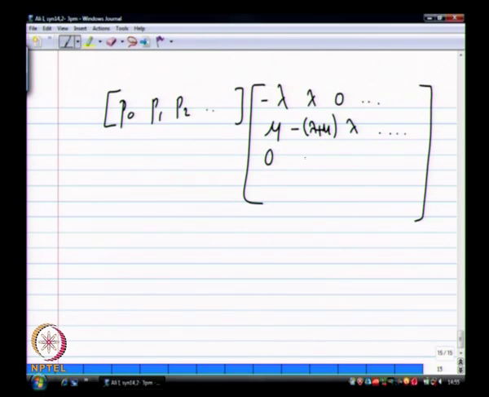The first step of the multiplication would be minus lambda p0 plus mu p1 equals 0. So this is your first so-called balance equation. This is basically telling you that the rates should always sum up to 0.